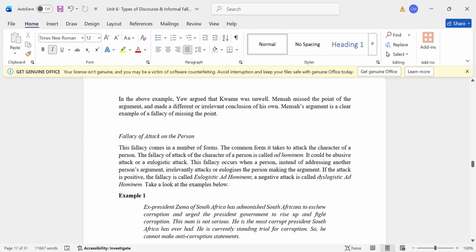And then the last one under relevance, I think, is the fallacy of attack on a person. The Latin term is ad hominem. We have two types of attack on a person. You can use the character of somebody instead of focusing on the relevant facts that are in dispute.